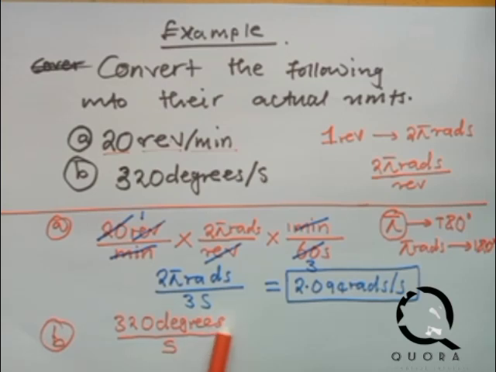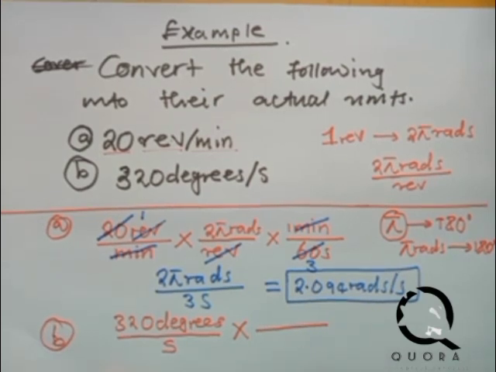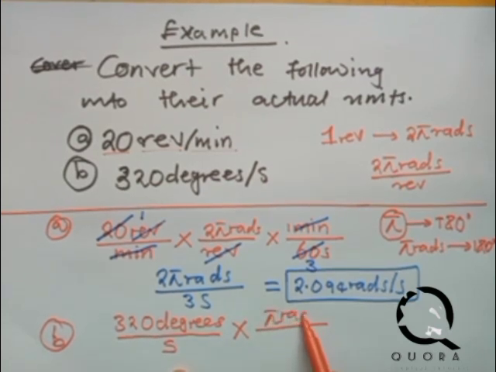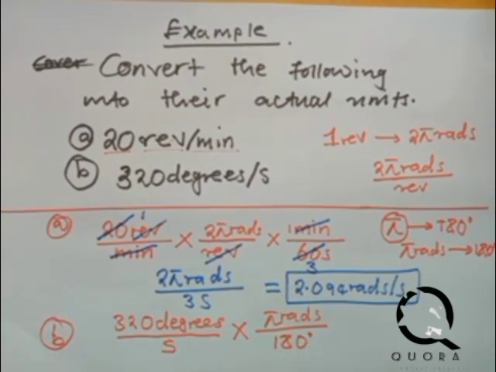What can we do for us to get rid of this? We have to put degrees down. How many degrees makes up one thing? We understand to say pi rads makes up 180 degrees.